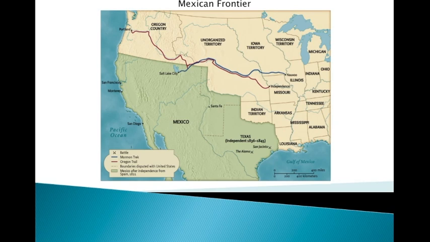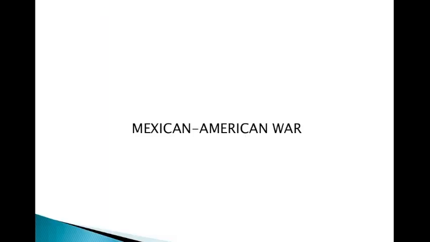By 1845, you're going to have about 150,000 settlers in Texas, including slaveholders. Another part of this westward expansion was the Mexican-American War.